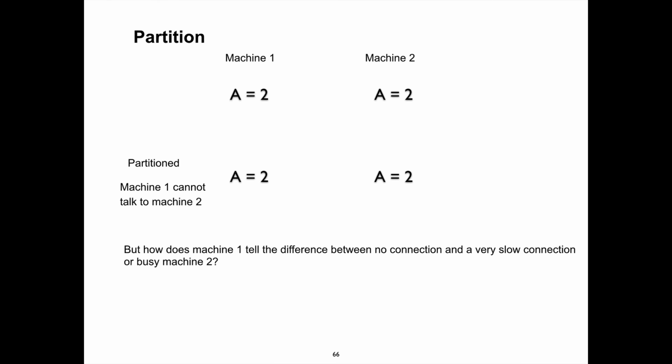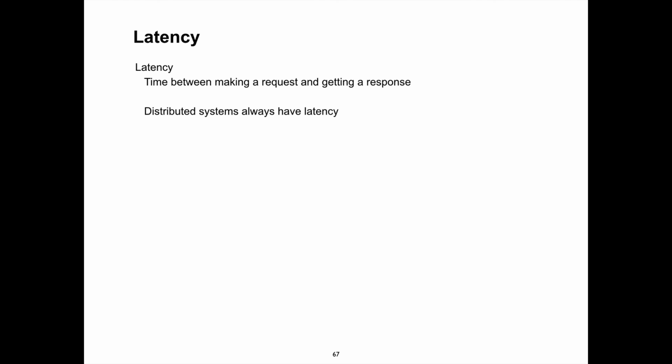And in all these discussions, people talk about machines going away or dying. But in practice, often what it means is it was just slow. How long do you wait for a response to decide, okay, they're gone? Do you wait an hour? Probably not. Five minutes? A minute? Thirty seconds?